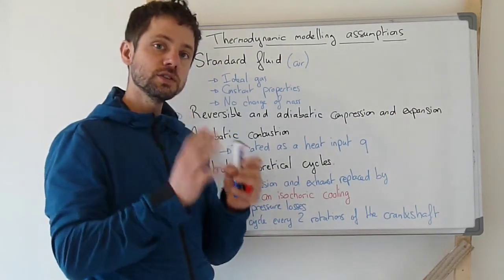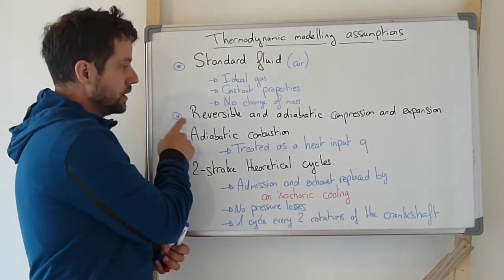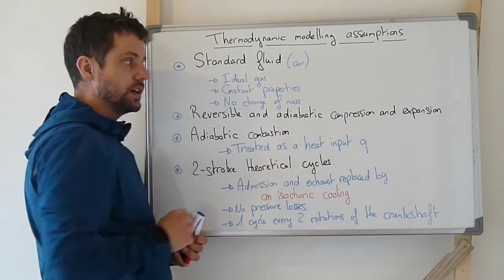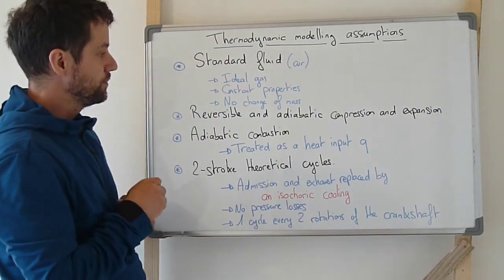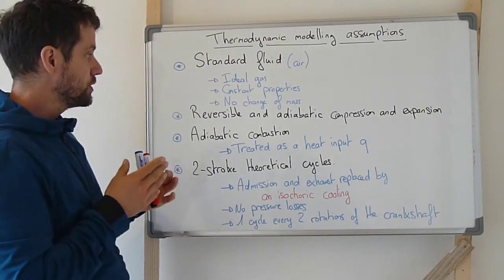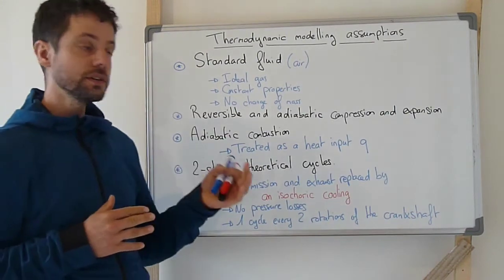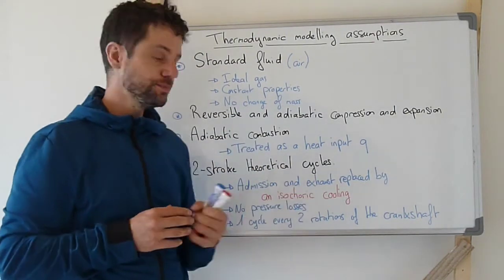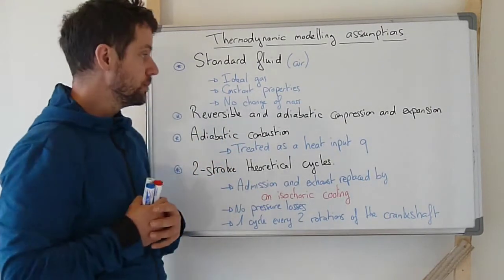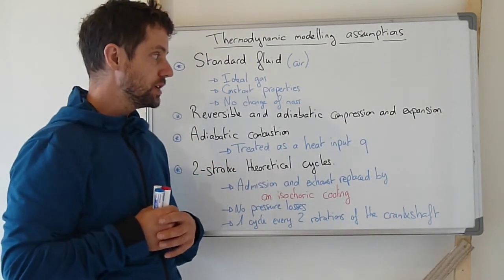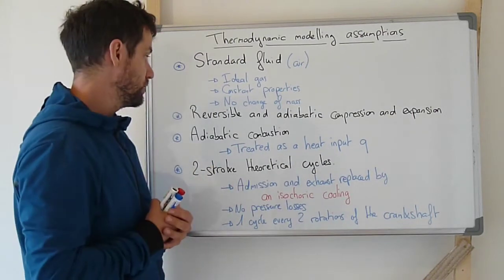Now, concerning the transformations. For the compression and the expansion, this transformation will be taken as reversible and adiabatic. Reversible is close to being true, because these transformations are not very far from being reversible.